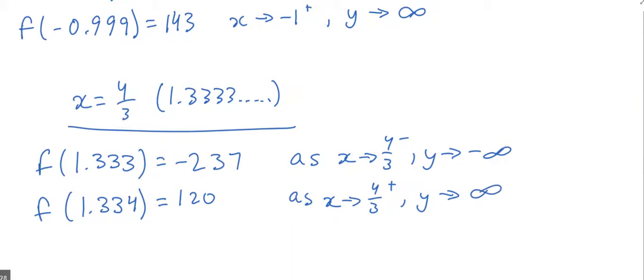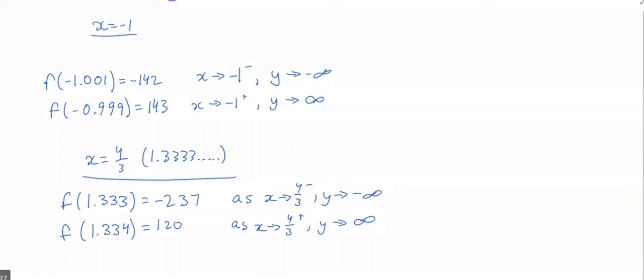So positive. Any questions about that? Okay, so that is the testing for the vertical asymptotes.